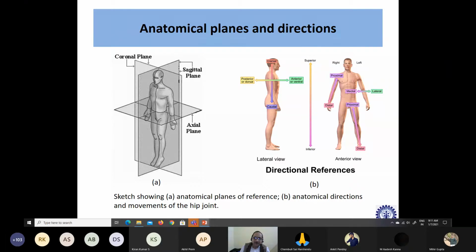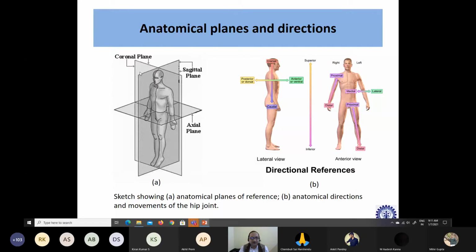We have three planes, as you can see in figure A. These are clinical terms, so you just get used to some clinical terms because you need to understand certain terminology.